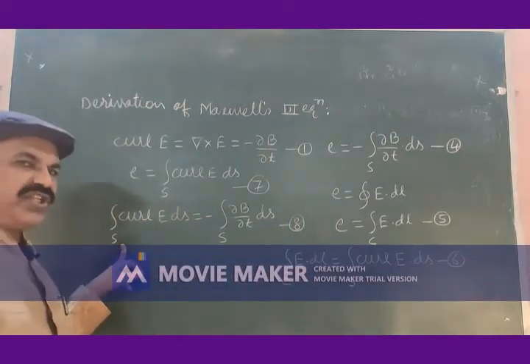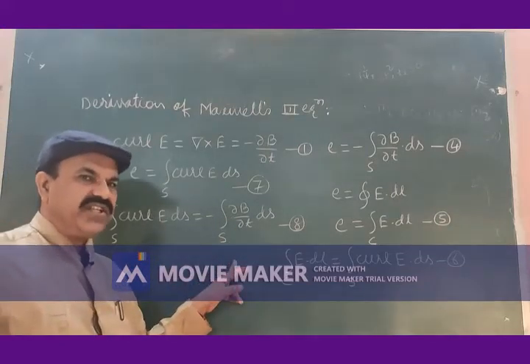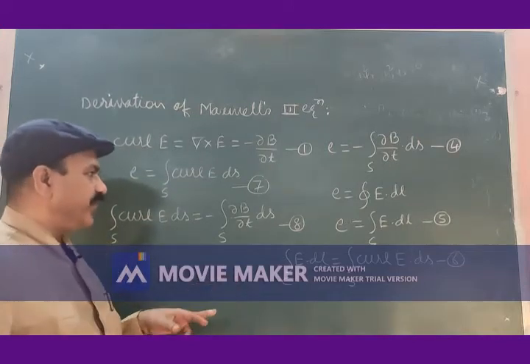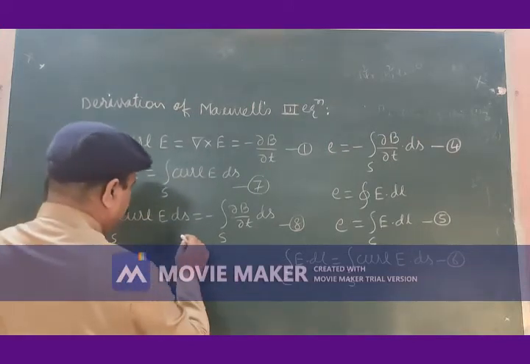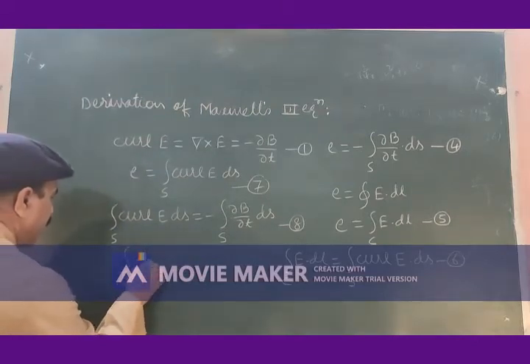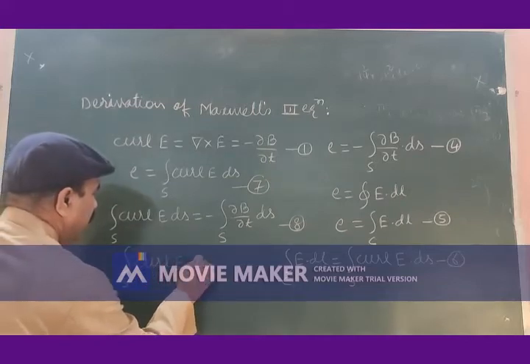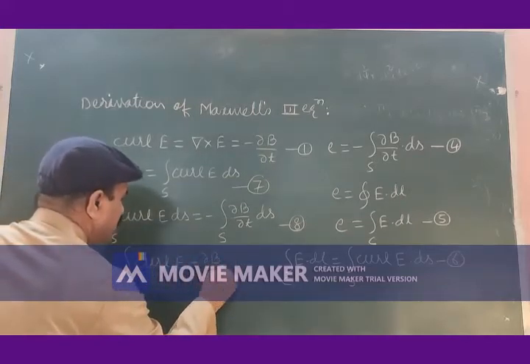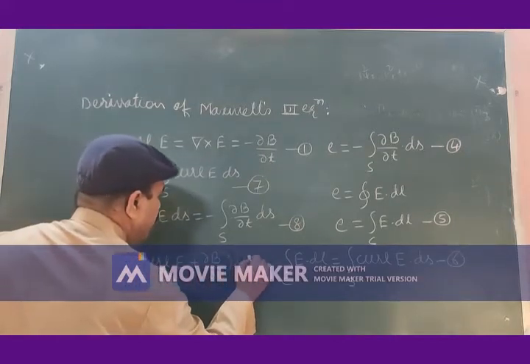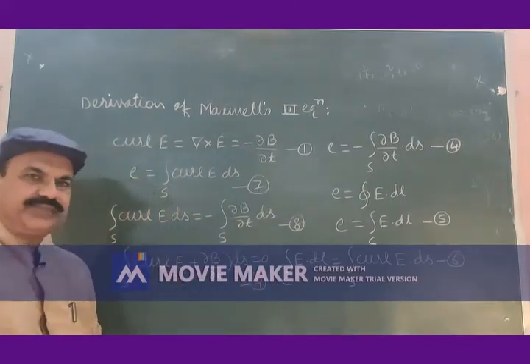This surface integration is true for any arbitrary surface, and therefore we may further put equation 8 as the surface integration of curl E plus dou B by dou T into ds is equal to 0, equation number 9.